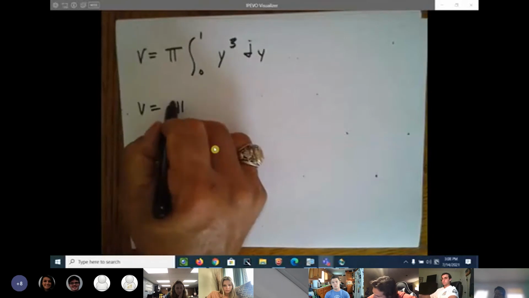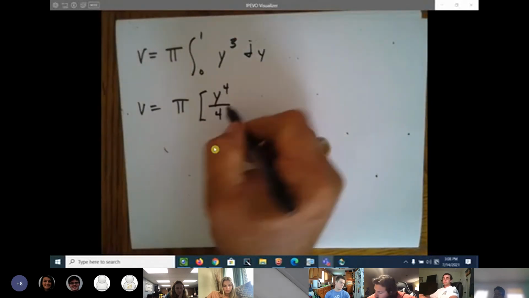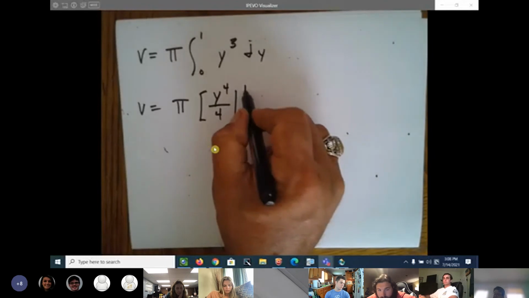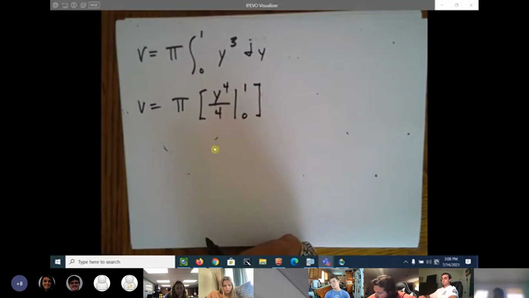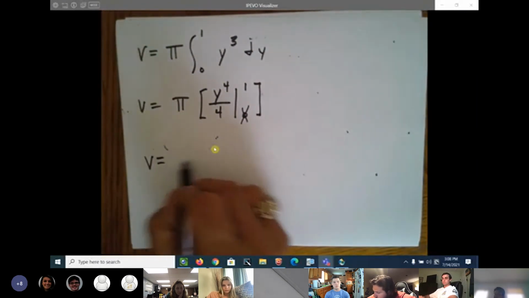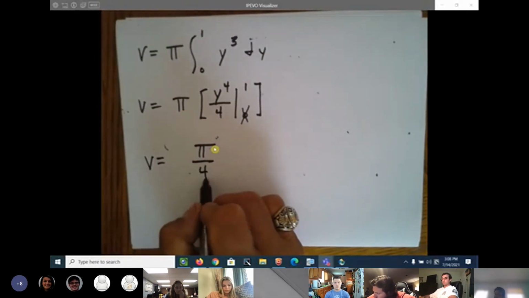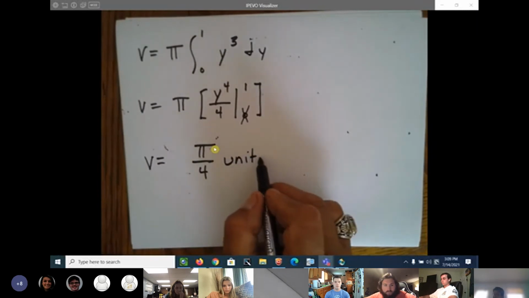V is equal to pi times y to the 4th over 4, evaluated at 0 and 1. Well, that's simple. V is equal to pi over 4. And that's cubic units.